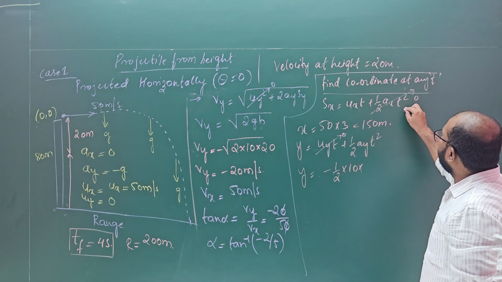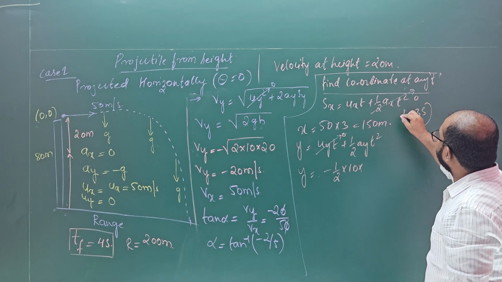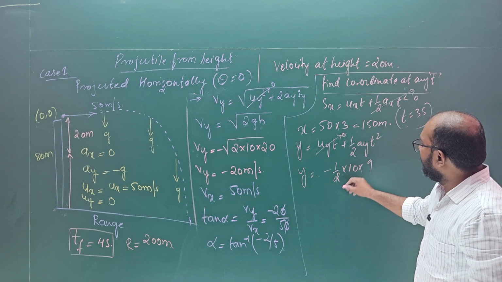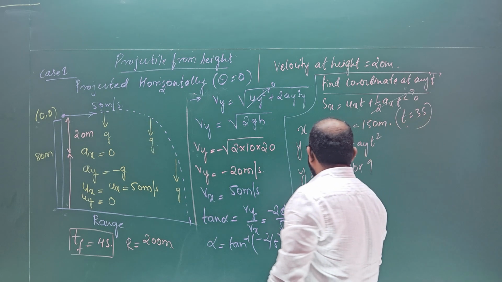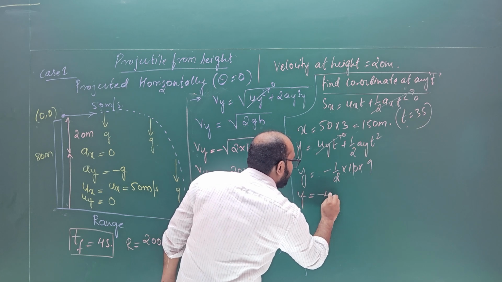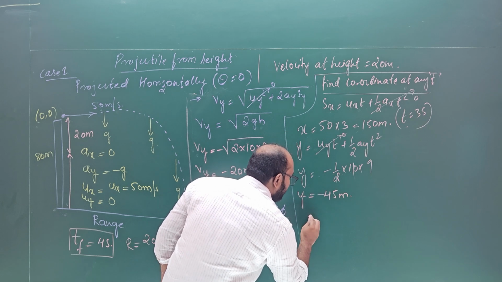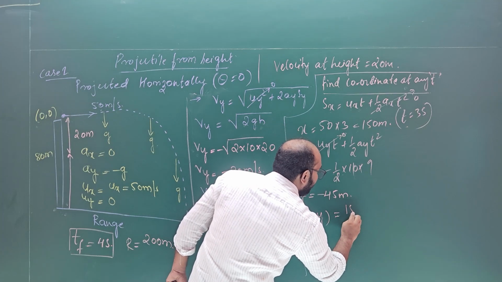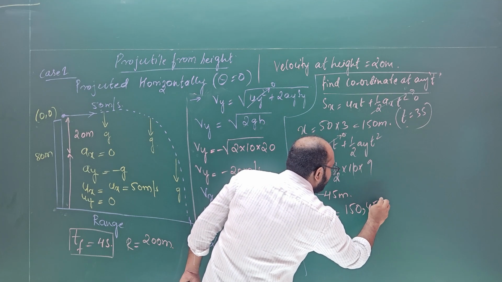Here at t we are calculating for 3 seconds. So 3 square is 9. 2 ones are 2, 5 nines are 45. So y equals minus 45 meter. That means x comma y is 150 comma minus 45.